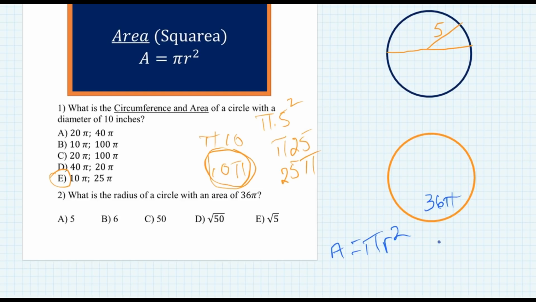Okay, so 36 pi equals pi r squared. If we solve for r, which is the radius, we divide both sides by pi, that would cancel, so r squared equals 36. And to find r, we would take the square root of both sides. So r equals 6. Answer choice B.